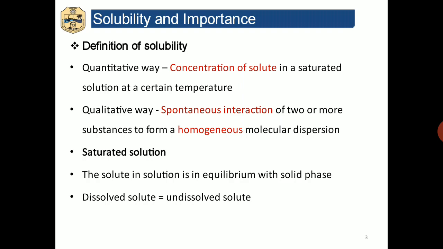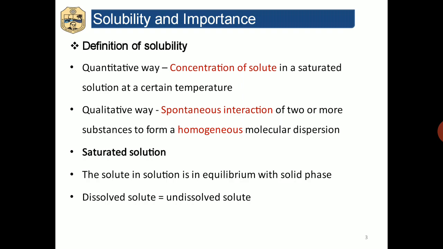Now we will see some terminology associated with solubility. The first one is the saturated solution. If we add an excess quantity of a solute in a solvent, then at a certain point you will find that the solute does not become soluble, or is not dissolved into the solvent.